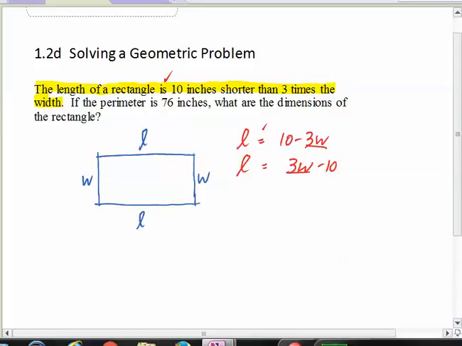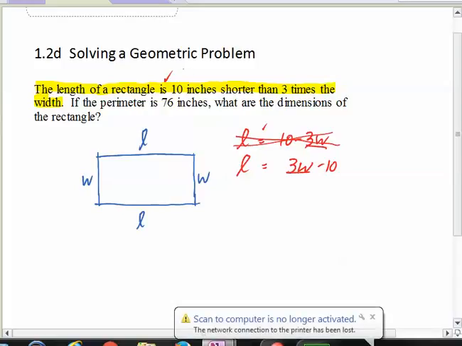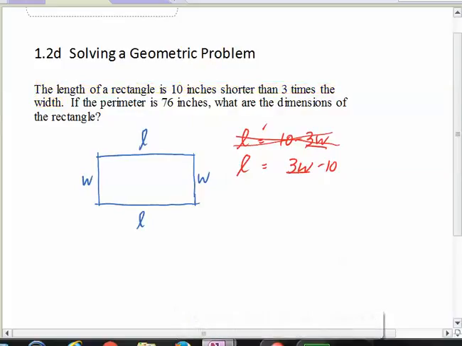Indeed it does, so I'd like you to convince yourself that it has to be 3W minus 10. You can't just translate this by putting down the symbols as the words show up. Not all the time. So please think about what the words are saying. 10 less than 3 times the width, there's what the length is.